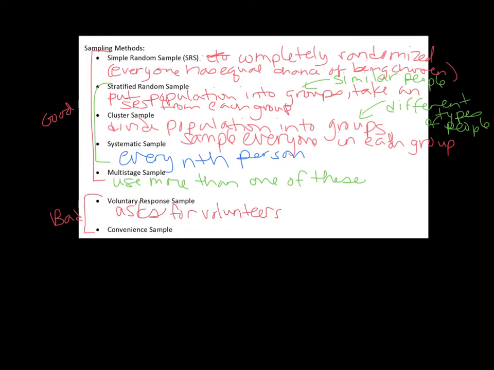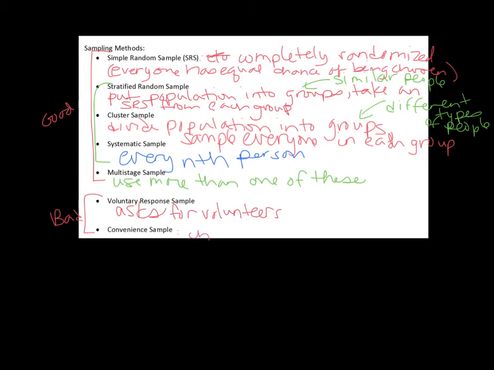The other type of bad sampling is a convenience sample. So if I were asked to ask you to do a survey of all the opinions of students at the school, and you just asked all your friends, that would not give you a very good sample. So a convenience sample is going to be where you ask the people that are easiest to get to, or the people that are closest to you.